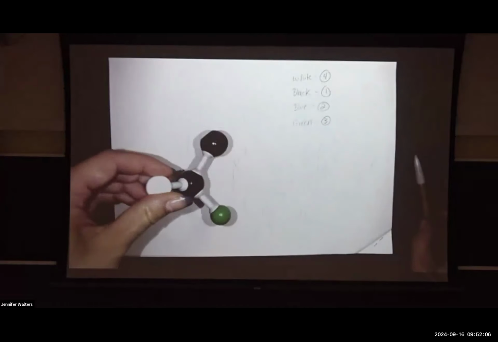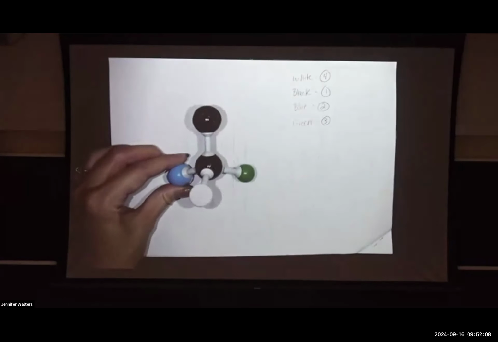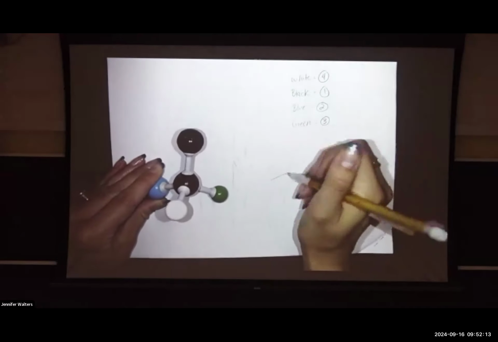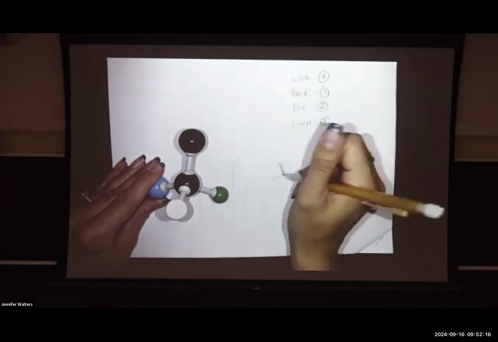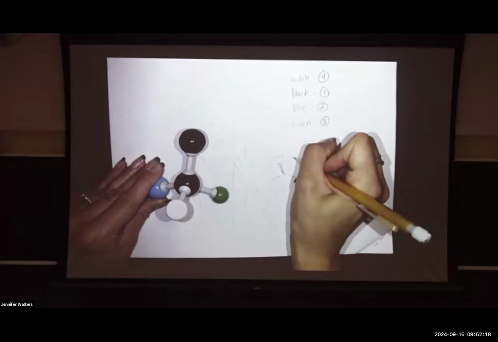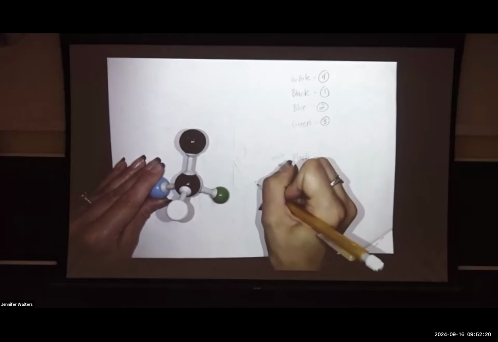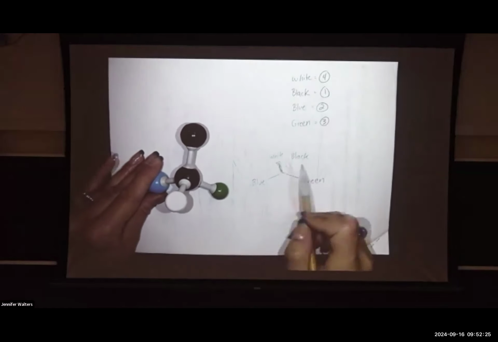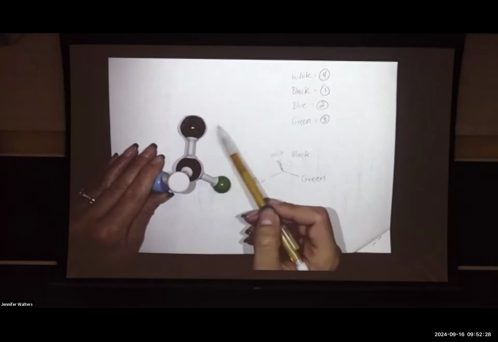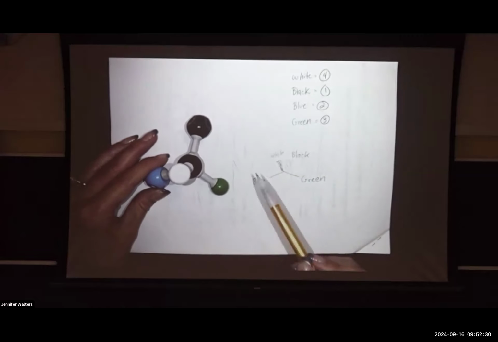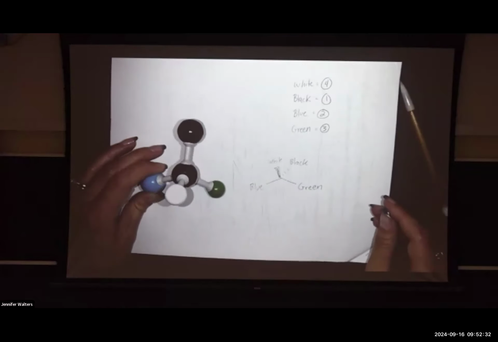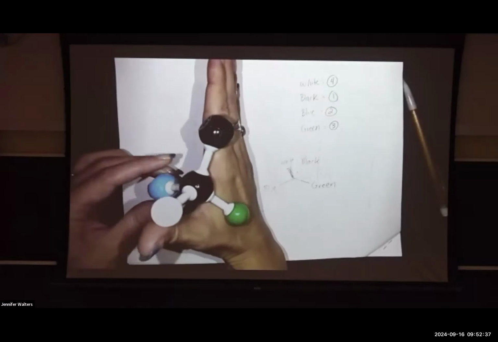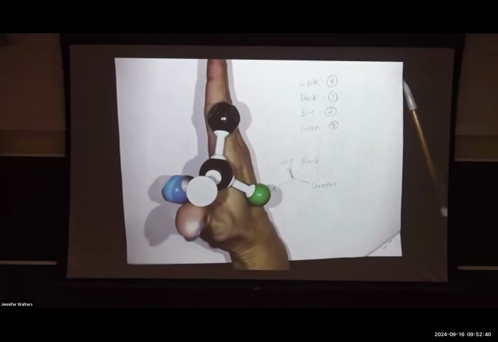So if I'm imagining that I'm starting out like this, where I have that white on the wedge, black is on the dash, blue is to my left, green is to my right, my thumb is still aligned with that lowest priority. My fingers are aligned with the highest priority.